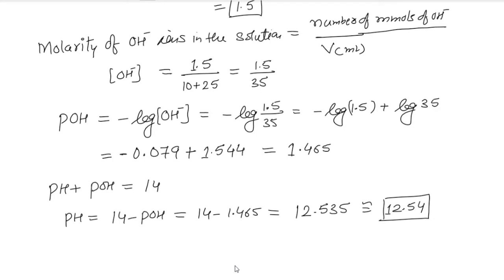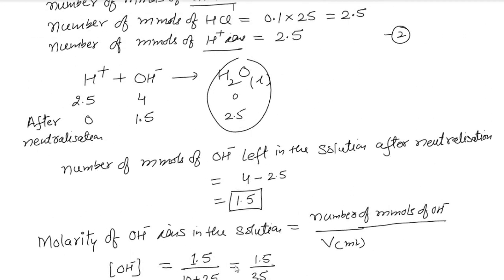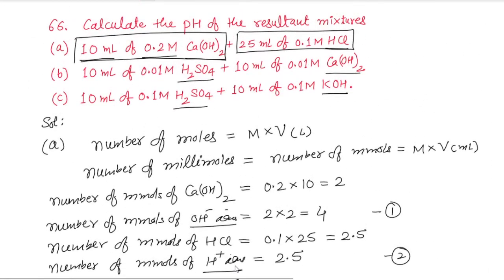In B part, there is H2SO4. Again, first we calculate the number of millimoles of H2SO4, then we double it to calculate the H plus ion amount. It is very simple. 10 into 0.01 is 0.1, which means H plus becomes 0.2. The molarity is 0.01, the volume is 10, and H2SO4 gives 2 H plus ions, so we double the number.